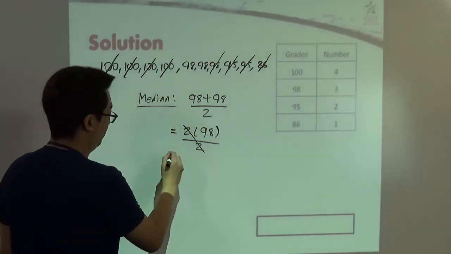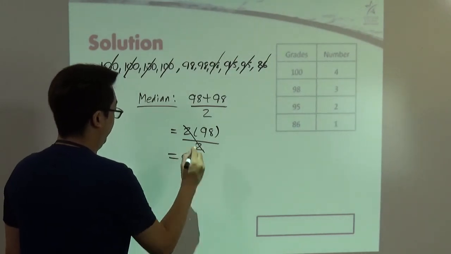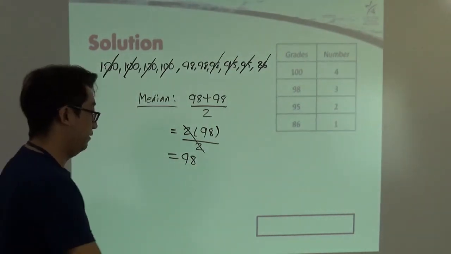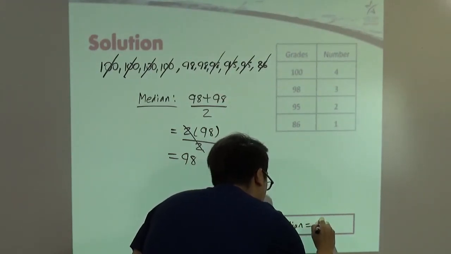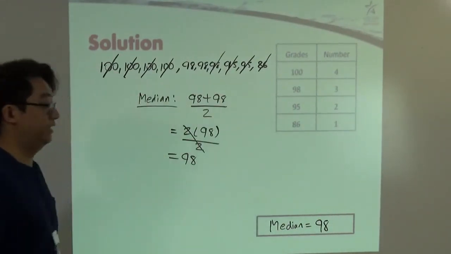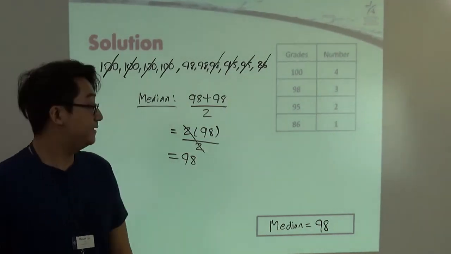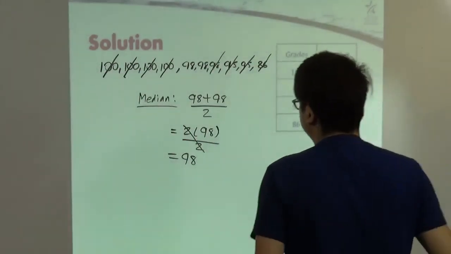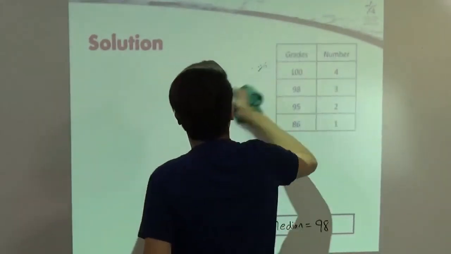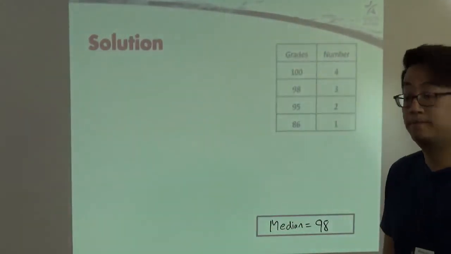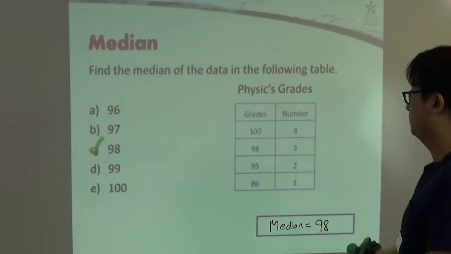I see that the 2s cancel, and I'm left with just 98. So our median, the middle number of all the numbers we have, is just 98.